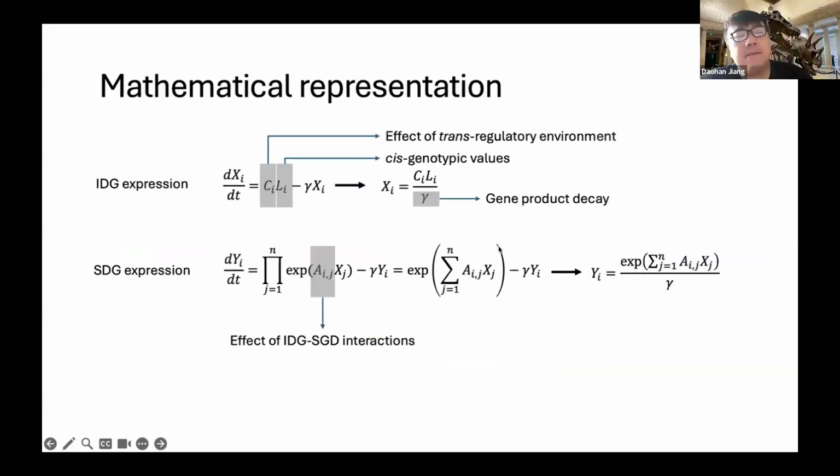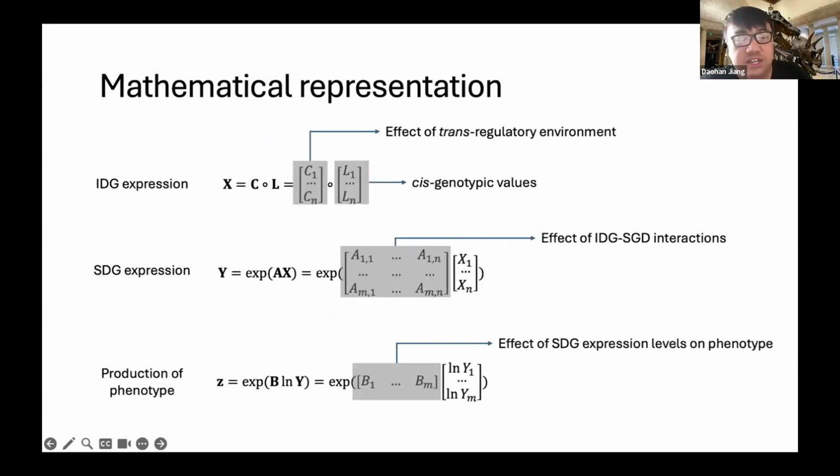And this can be represented mathematically using systems of differential equations. So briefly, we have parameters that capture the transregulatory environment, these elements of the identity genes, and also gene product decay. Then the state determination gene expression is determined collectively by the regulators and these interaction parameters. So solving this, you get the equilibrium expression levels. And all genes together can be represented using these matrices.